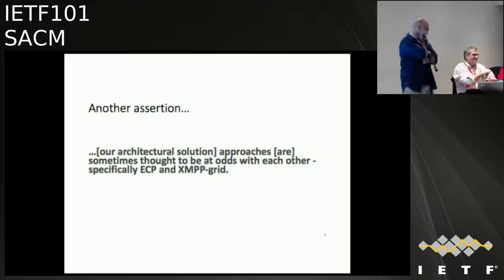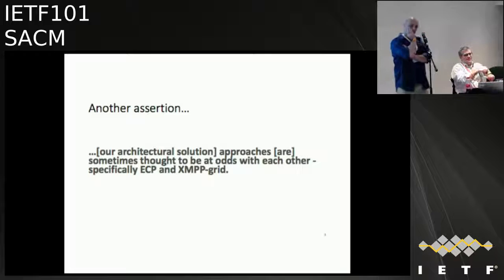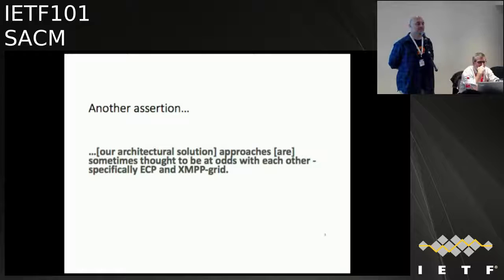I think XMPP grid was moved to Mile because it very well addressed the use cases Mile was addressing. And I think it is absolutely a tool that can be used to address some of the use cases SACM has been addressing.